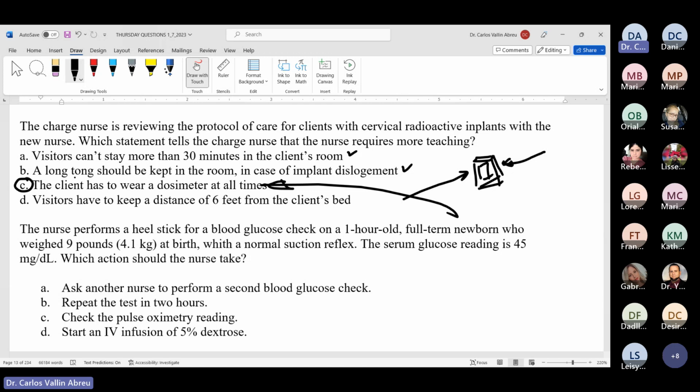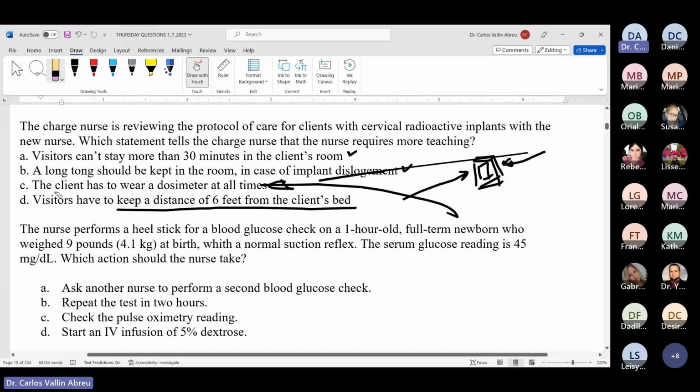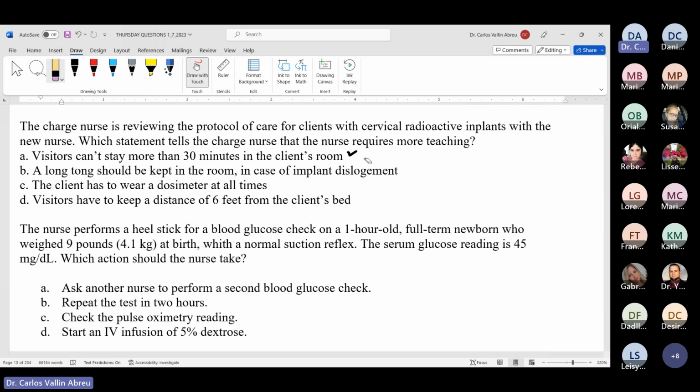So it's not the client. The client doesn't need to wear that. It's the nurse, it's everybody. Visitors should be kept at 6 feet of distance from the client because, as I said before, what can block or reduce the radiation is, one, distance. The farther you are from the client, the lower the amount of radiation that you receive.